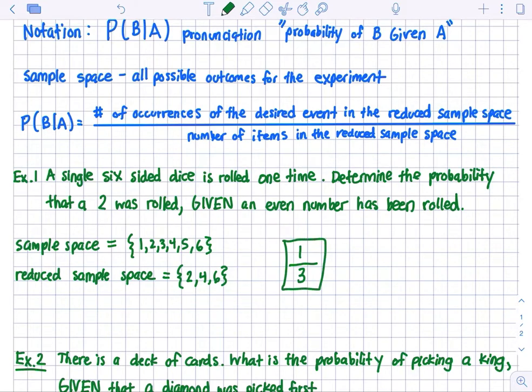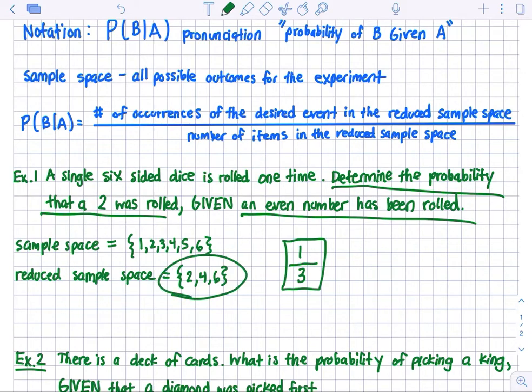Let that soak in, process what is happening. Let me just recap. There used to be 6 total outcomes. If this was a normal problem and you disregarded the condition, the probability of rolling a 2 would just be 1 out of 6. But since it says given an even number has been rolled, we have to restrict the total amount of outcomes to just even numbers, which is 2, 4, and 6.